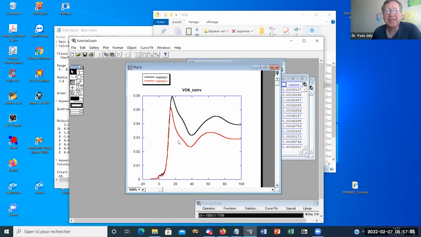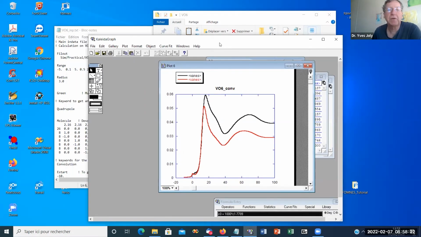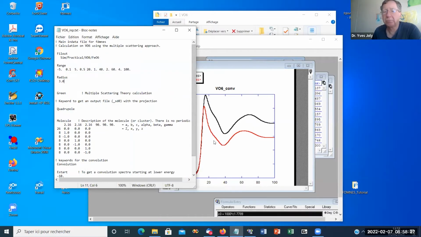The fact that the intensity is smaller here is because it's not normalized to 1 like in the experiment, but the unit is megabarn. It means that the probability of absorption in iron is smaller than in vanadium. So it's something true, in fact. Okay. So it was just to say that the shape depends a bit, but not so much, on the atomic number. Well, it depends. Anyway.